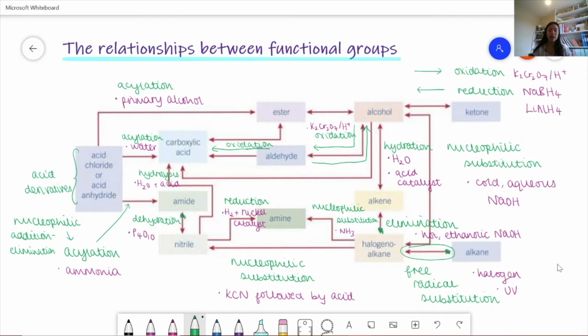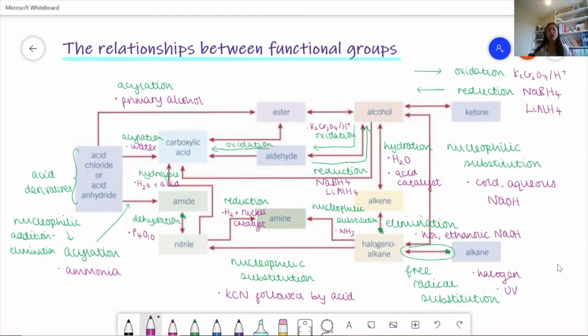So if we go in the other direction, so from an aldehyde to an alcohol, we have the same thing. So we have a reduction reaction here. So we use sodium borohydride or lithium aluminium tetrahydride. And we have to remember that we can only oxidize an aldehyde to a carboxylic acid and we can't go the other way.